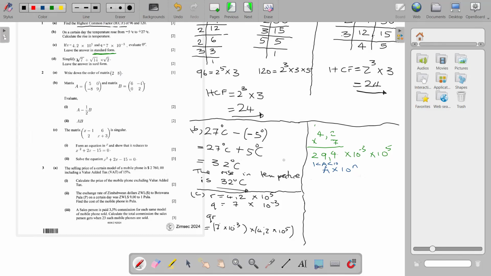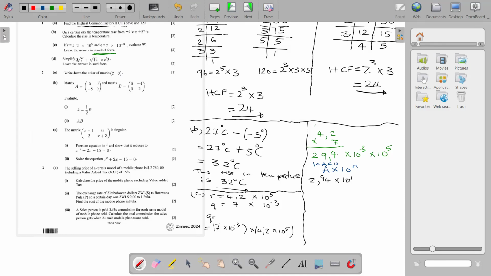Because 29 is above 10, once we move it to the left, we are going to have 2 comma 94 multiplied by 10 to the power... Then you check how many places you moved. If you move to the left, your power is going to be positive.